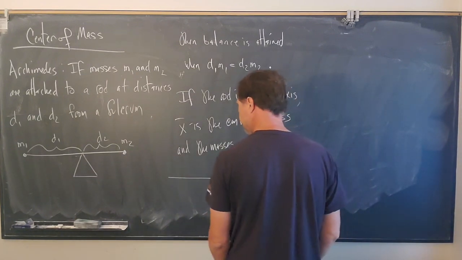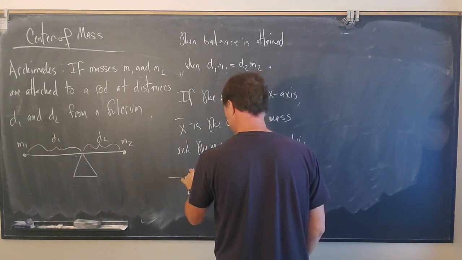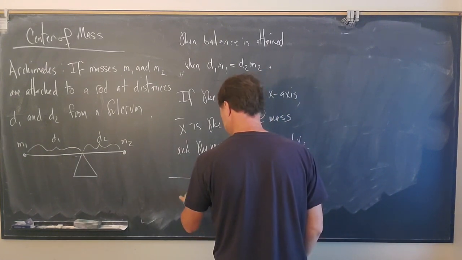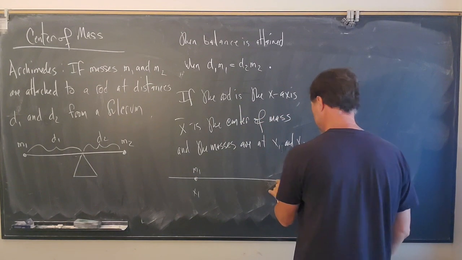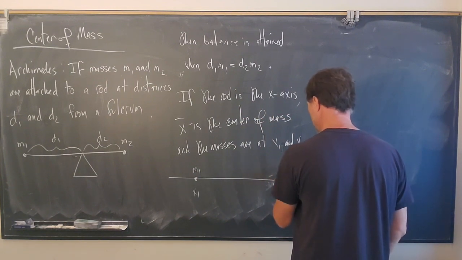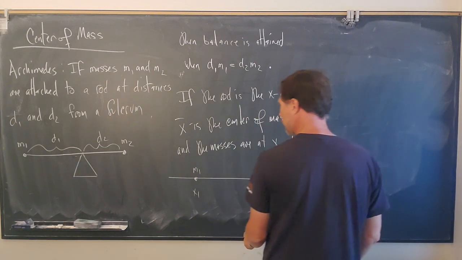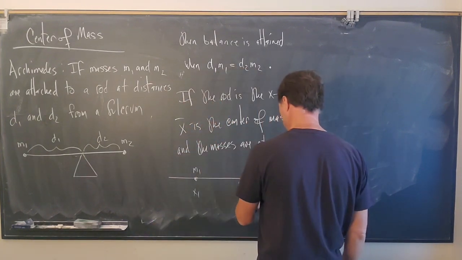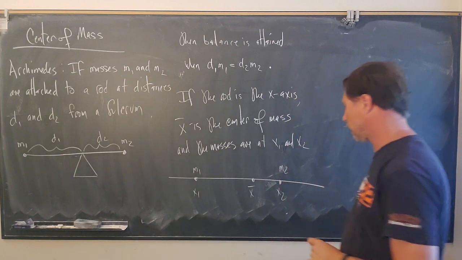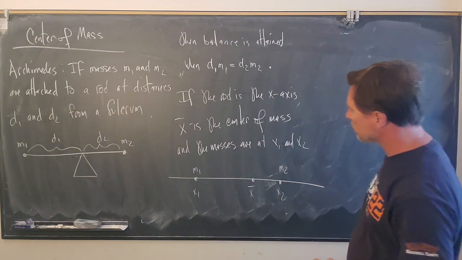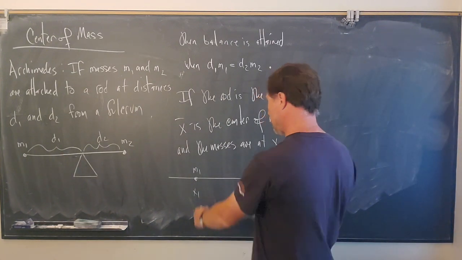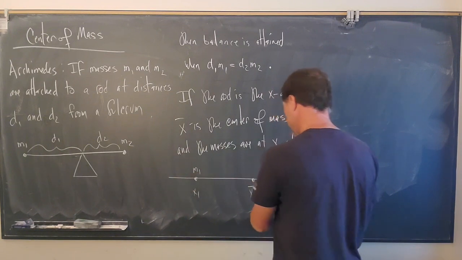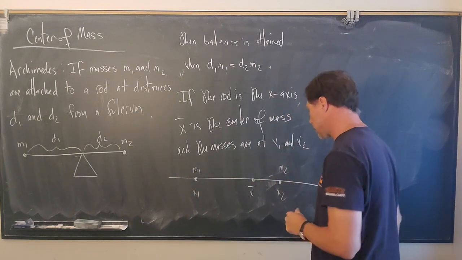I've got mass 1 at position x1. I've got mass 2 at position x2. And then the center of mass, the spot where the fulcrum would be, we'll call that position x bar. So what we need for balance is this distance times m1 to equal this distance times m2.